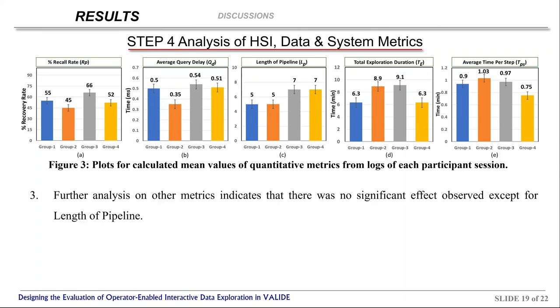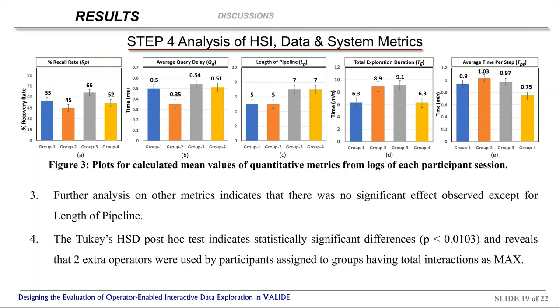Further analysis on other metrics indicated that there was no significant effect observed except for length of pipeline. Tukey's HSD post-hoc test indicated a statistically significant difference and revealed that 2 extra operators were used by participants who were assigned to groups having factor interaction as max.